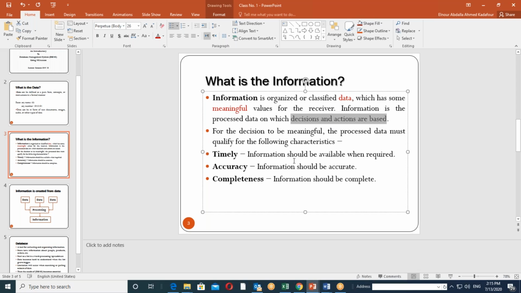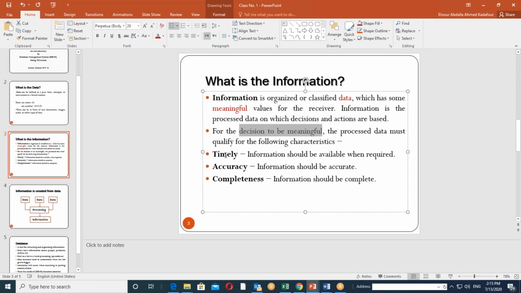So for the decision to be meaningful, the processed data must qualify for the following characteristics. What do you mean by that? If you want to take a decision based on some information, it has to meet these characteristics, these criteria. What is that? Timely.